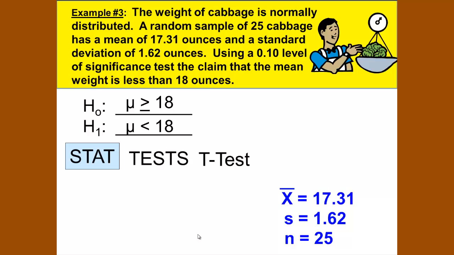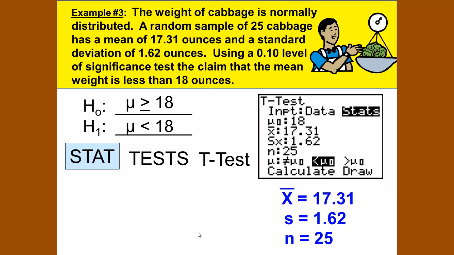Since this is a p-value test and not the classical approach, we will go to Stat on our TI-83 or TI-84 calculator, then over to Tests, then to T-Test. On T-Test, instead of using the raw data, we're putting in the statistics this time.